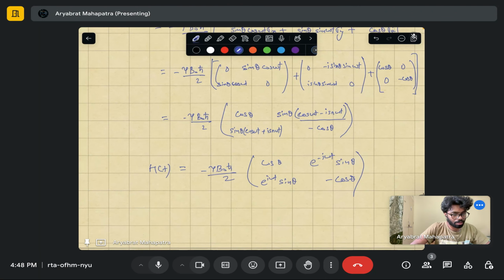So that is your Hamiltonian. Is this clear or any doubt?